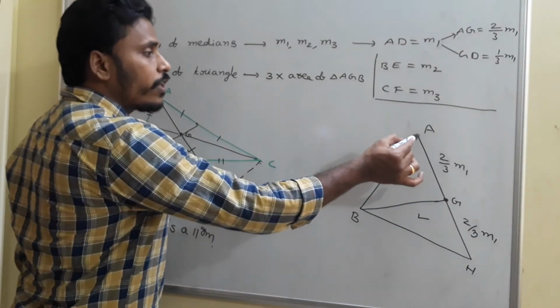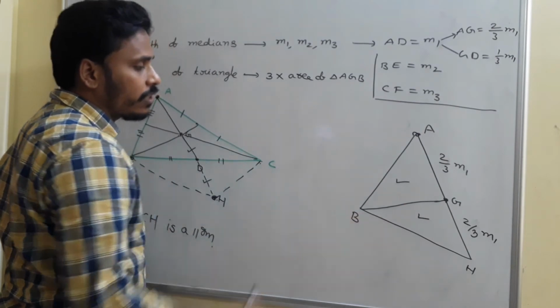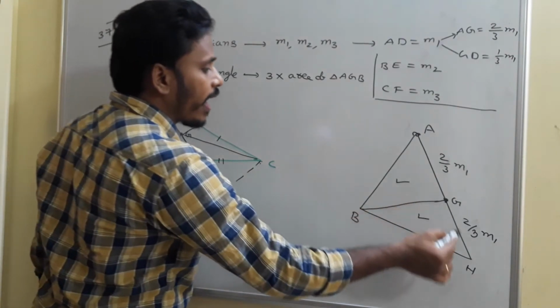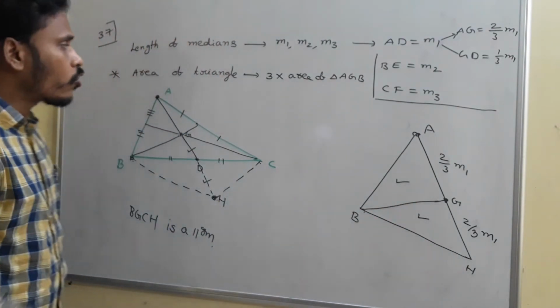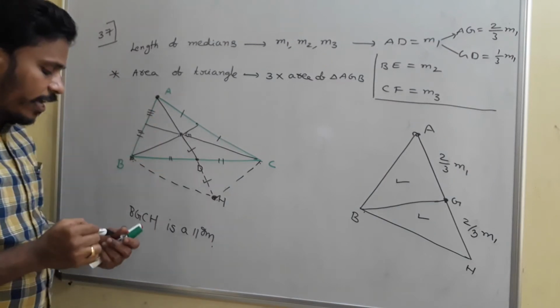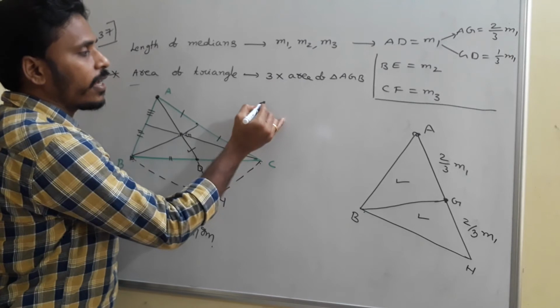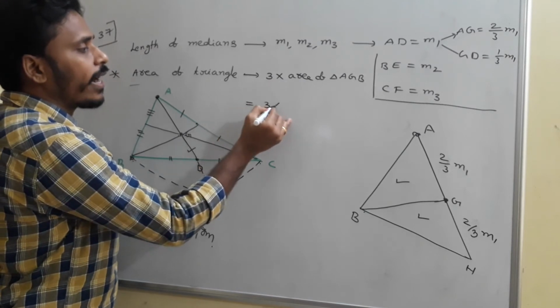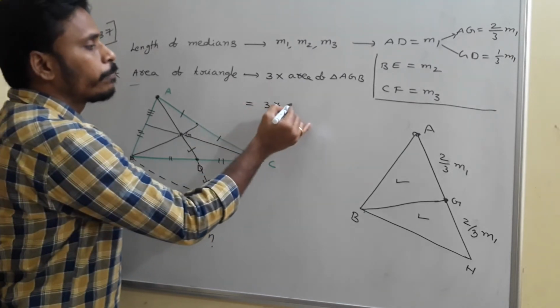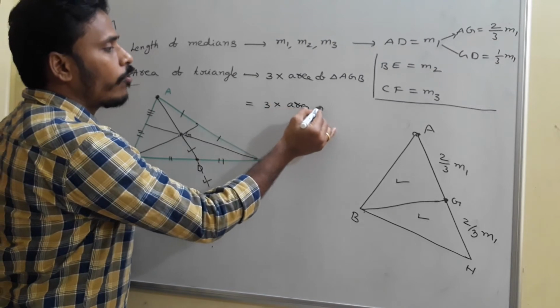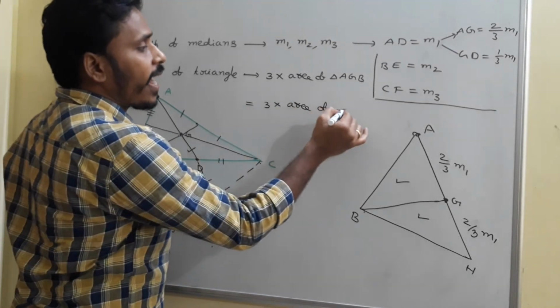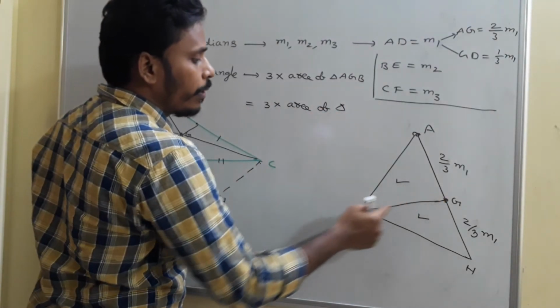So the area of triangle AGB is equal to the area of triangle BGH. We are trying to find the area of triangle ABC, which is 3 times the area of triangle AGB, and now we will write it like this: 3 into the area of triangle BGH.